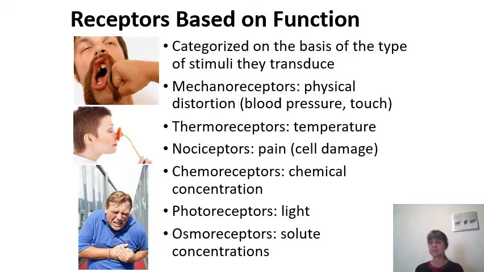Nociceptors detect cell damage and transmit signals that there is damage, and pain will be the result of nociceptors being stimulated. Chemoreceptors are important for detecting changes in chemicals, and photoreceptors are important for detecting light. Osmoreceptors will respond to changes in solute concentration, osmolarity.